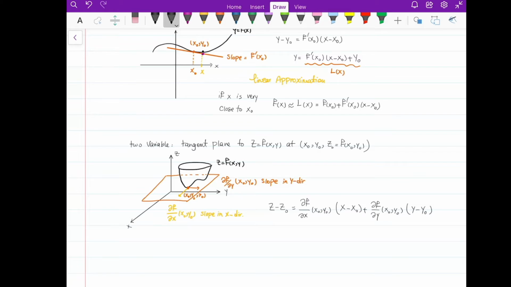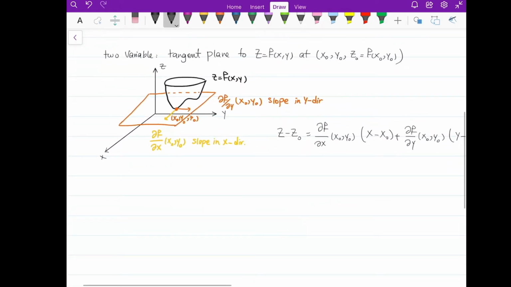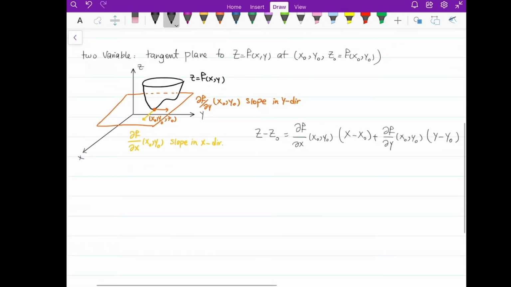Okay, as you see, this is the equation of the tangent plane at the point x naught, y naught, and z naught. So partial derivative with respect to x times x minus x naught, partial derivative with respect to y times y minus y naught, plus z naught. Okay, so this is basically the equation of the tangent plane at the point x naught, y naught, and then z naught.